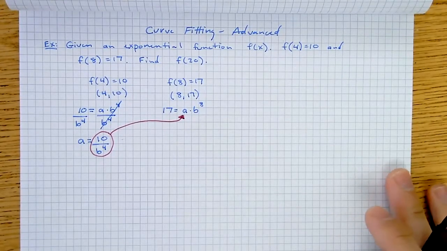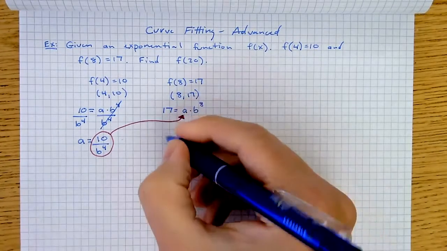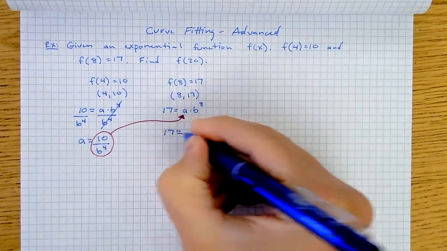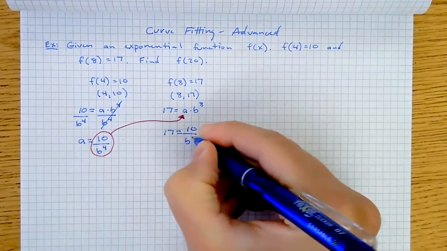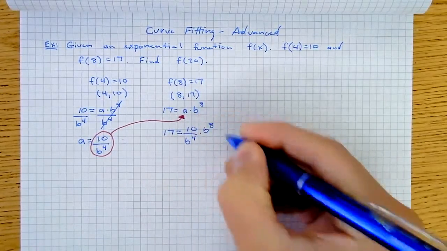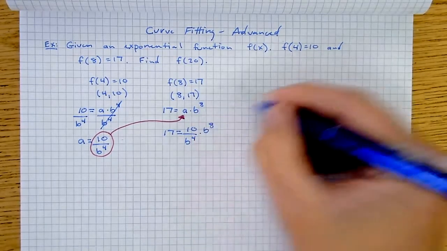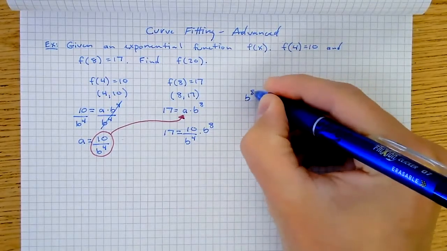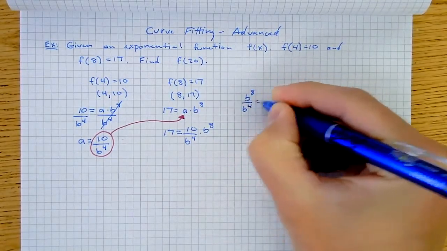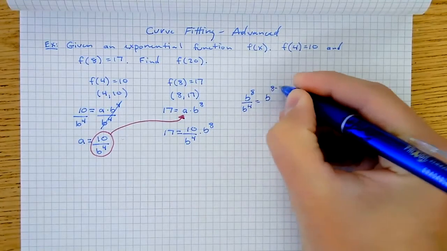Okay, so now we're going to plug that in for our other value a into the other equation. So 17 now equals 10 divided by b to the 4th times b to the 8th. So remember, simplifying b to the 8th divided by b to the 4th, we subtract our exponents.